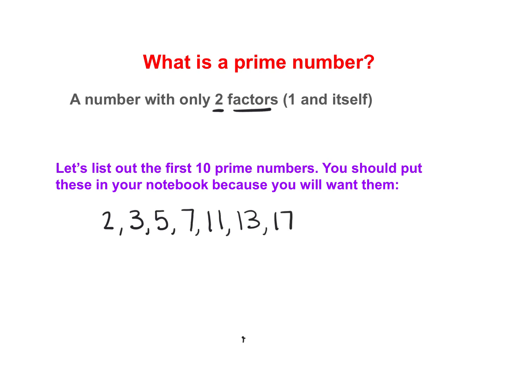So how many do we have? 1, 2, 3, 4, 5, 6, 7. 3 more. So 18 is not prime, but 19 is. 20 is not. 21 is not, because remember we can do 7 times 3. 22 is not, but 23 is. So that would be your list of the first 10 prime numbers.